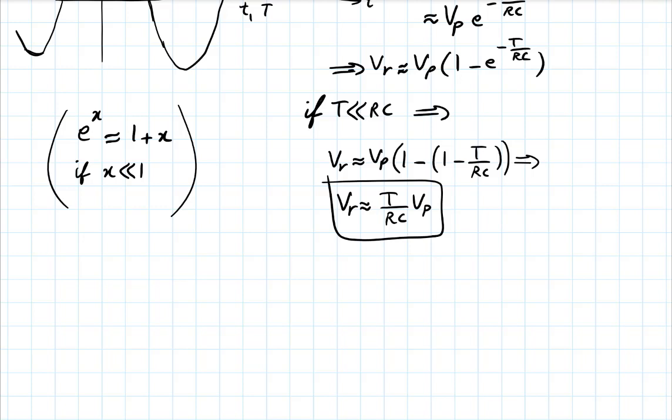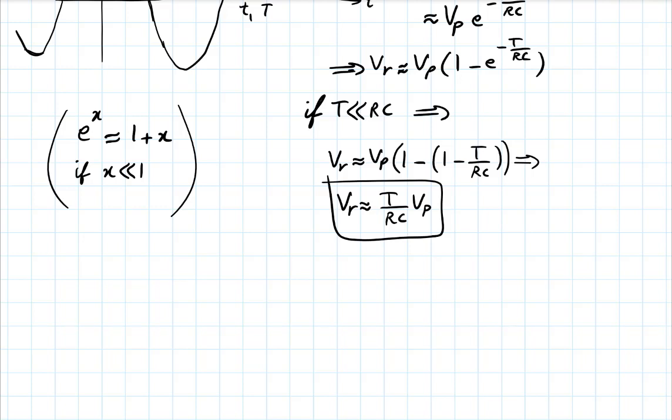So if I have a problem, let's say I have an input with an amplitude of 10 volts with a period of 20 milliseconds, and I have a 1 kilo ohm resistor that I want to create a good DC signal for.